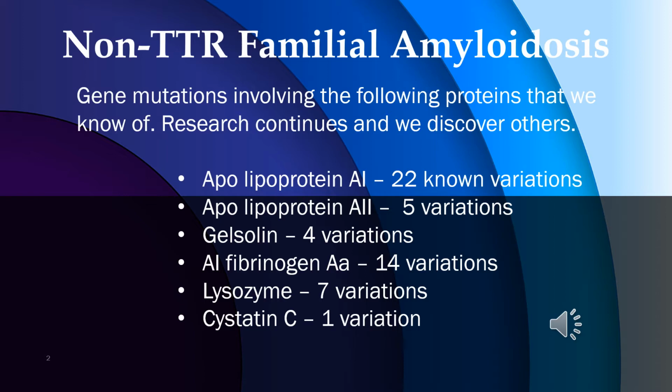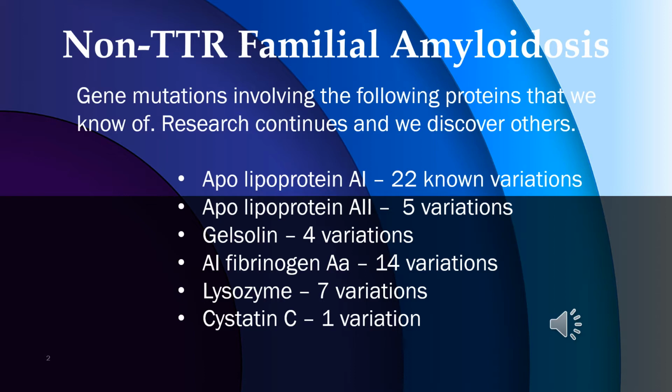Now, there are two basic variations that we've seen the most mutations with in the research. One is the apolipoprotein A1, of which there are 22 known variations, and the fibrinogen A alpha, which has 14 variations.